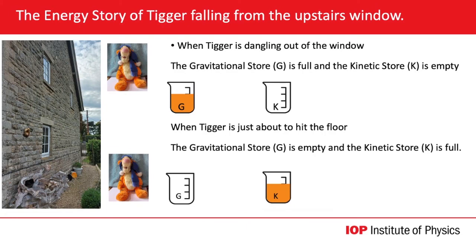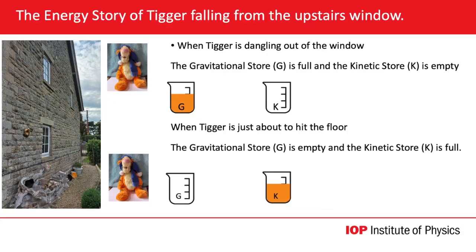When Tigger's dropped, he accelerates towards the ground. As he moves, his kinetic store will be filling. The kinetic store will get fuller as the gravitational store empties.